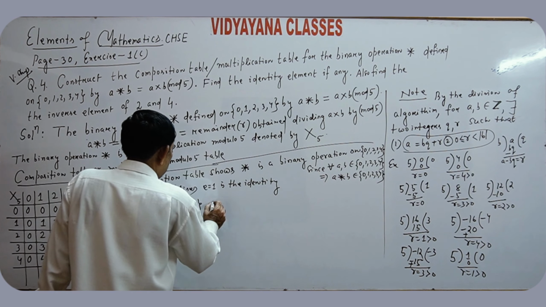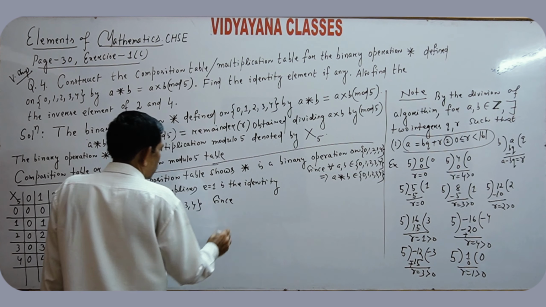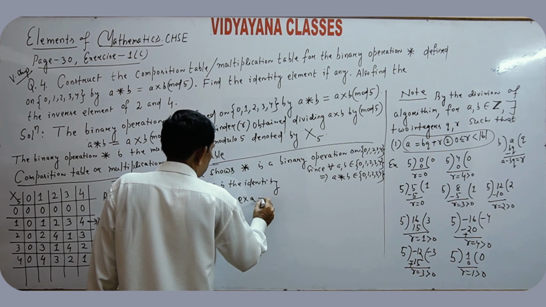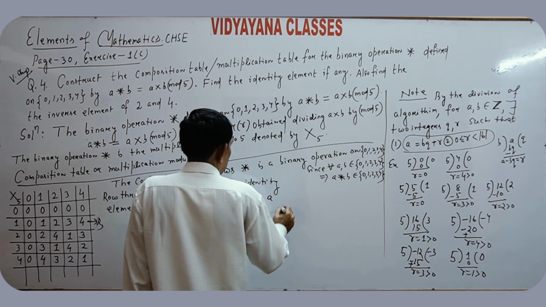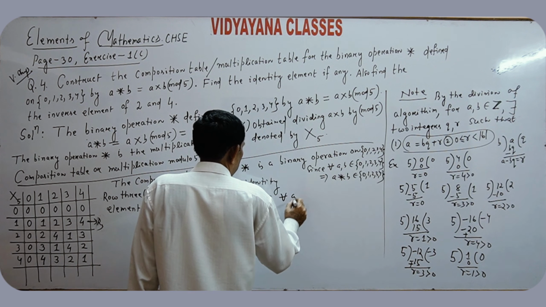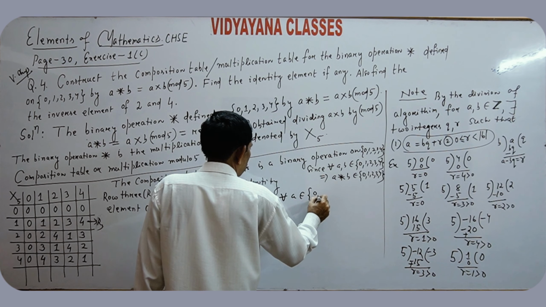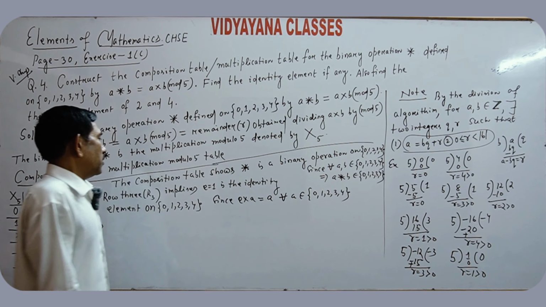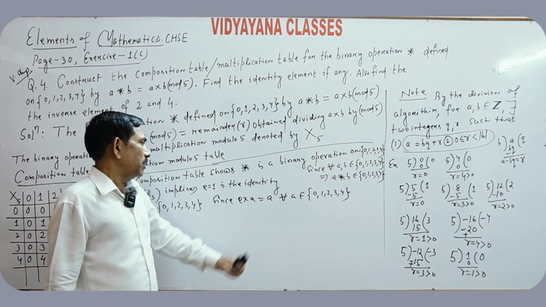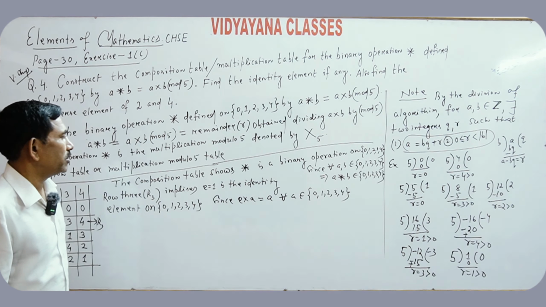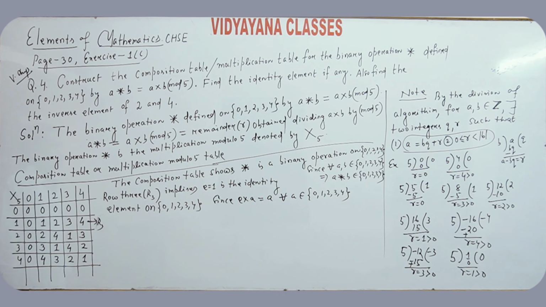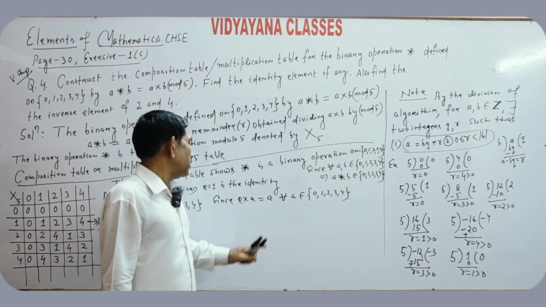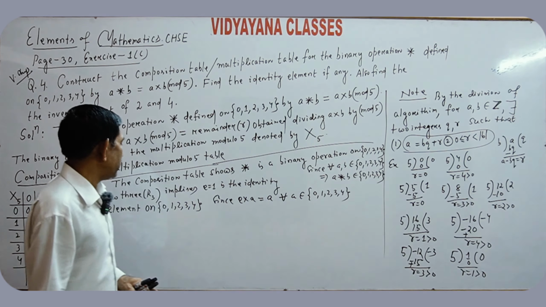And since E into A is equal to A for all A belongs to the set {0, 1, 2, 3, 4}. Clear? It is the definition of the set A containing the identity element.